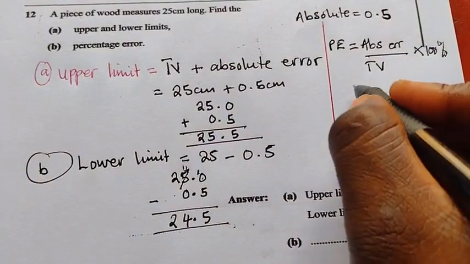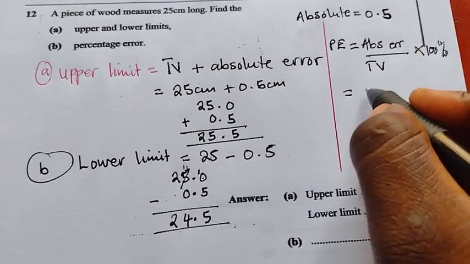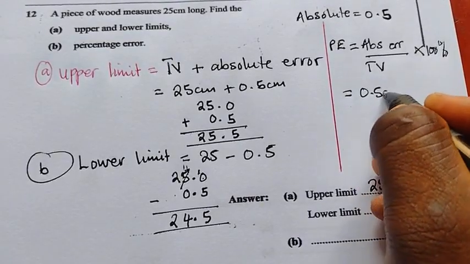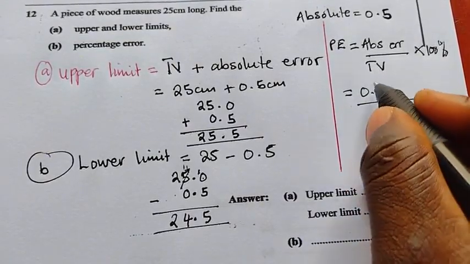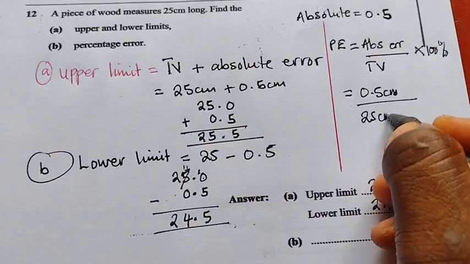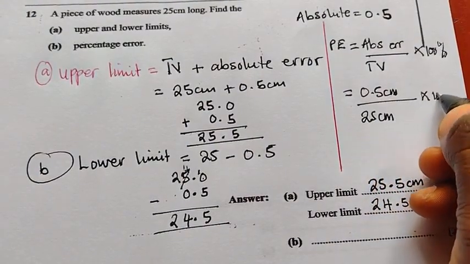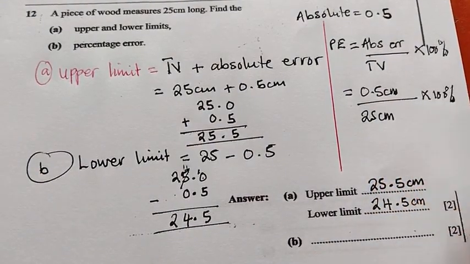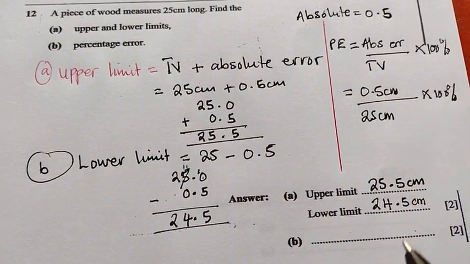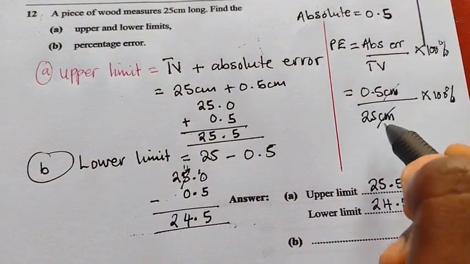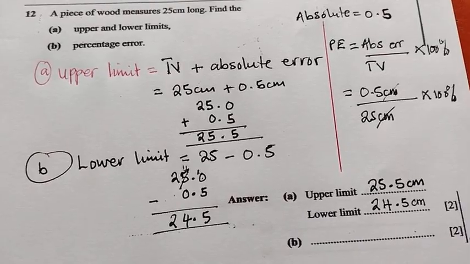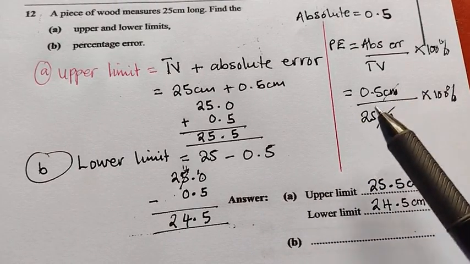So what you are going to do now, your absolute error is 0.5 centimeter over the true value, which is 25 centimeter, times 100%. I hope you are following. So you can cancel the units. From here, this is very easy. There are different methods that you can use.